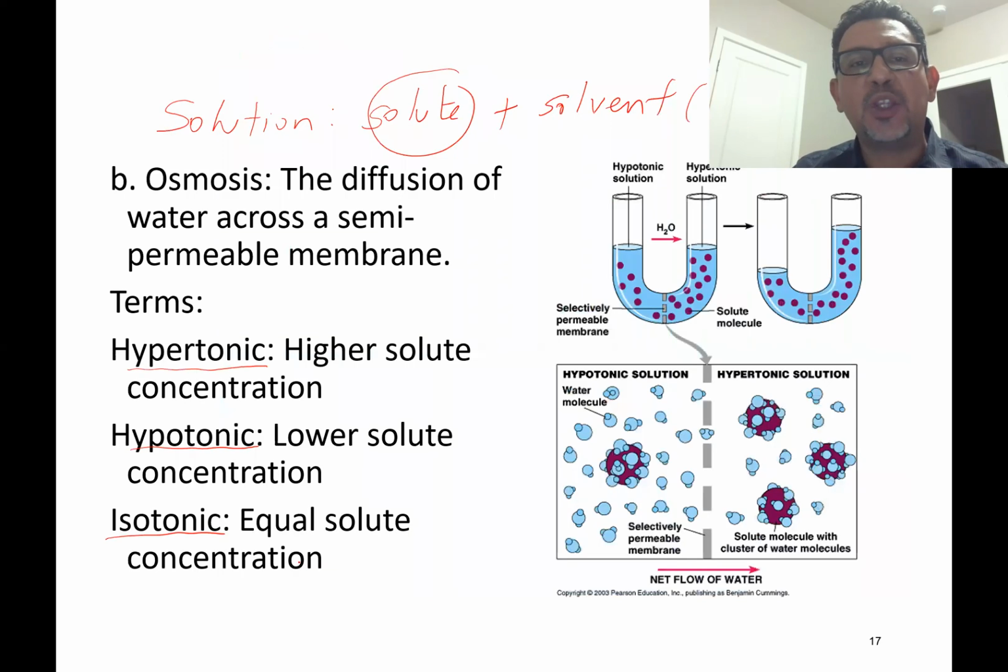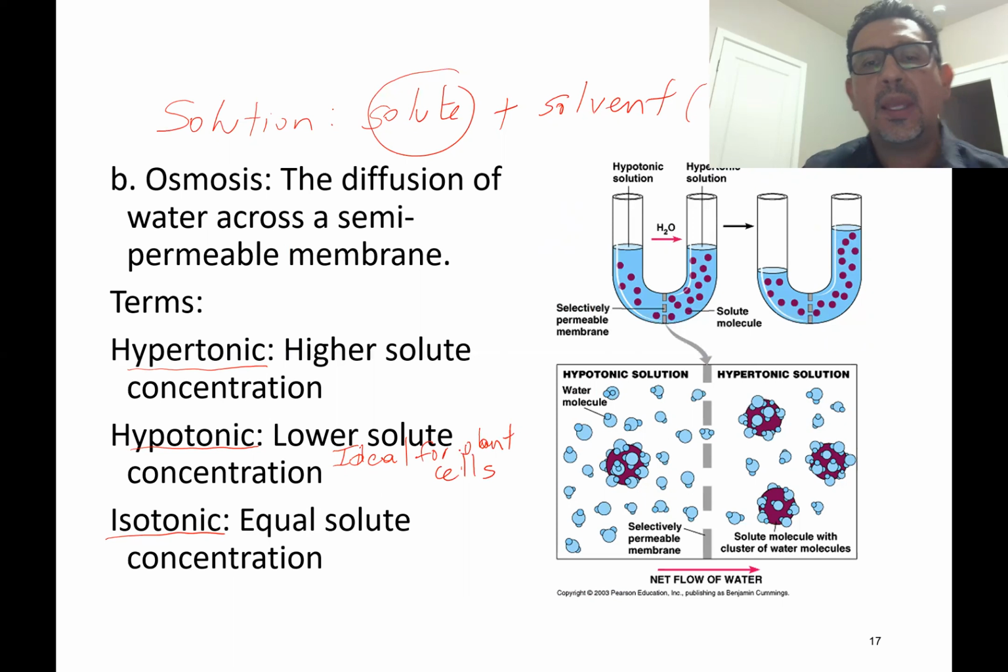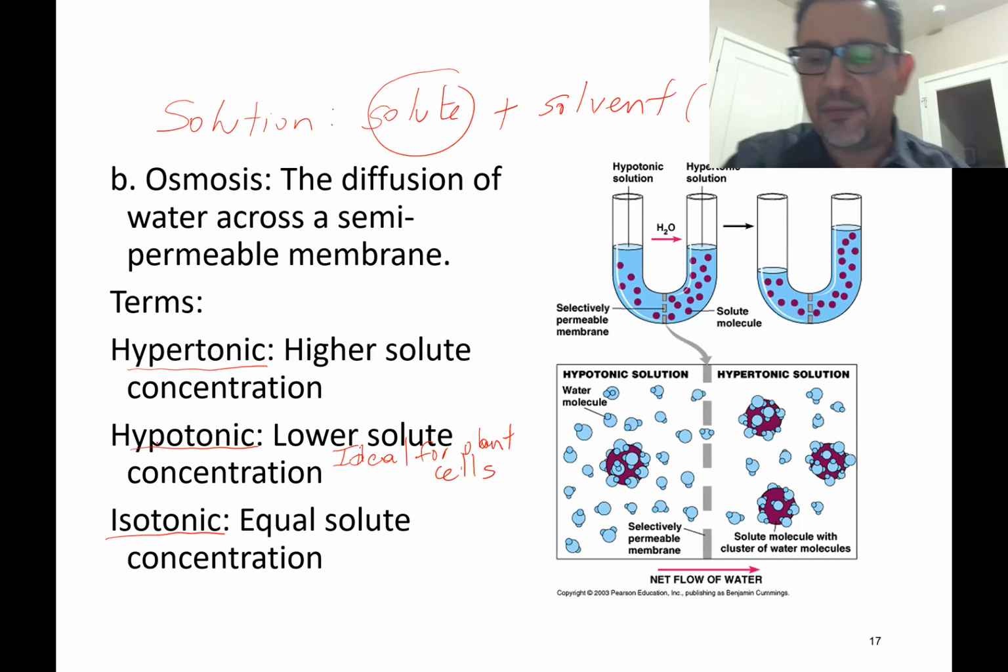And so as I go back to my previous slide, I can say that a hypotonic environment is going to be ideal for plant cells, but not for animal cells. Animal cells are going to lyse. They're going to die in a hypotonic environment.